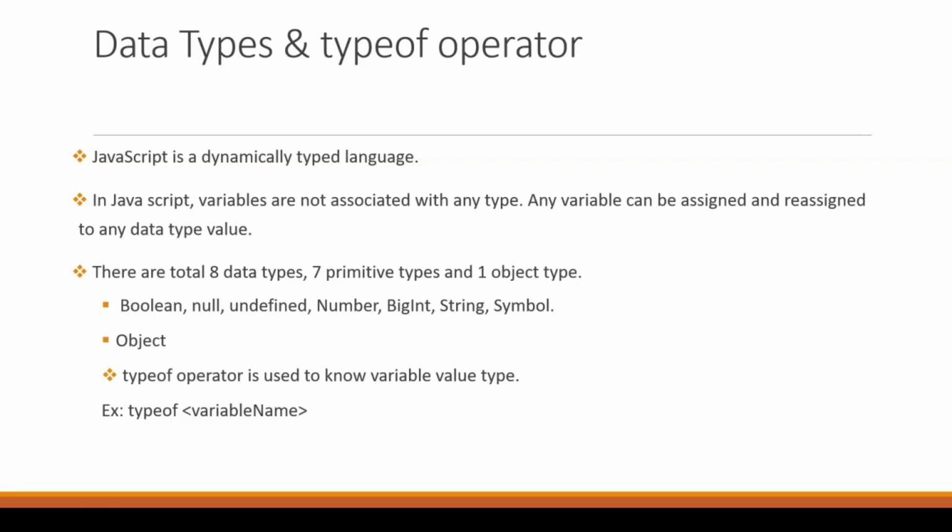We also have the typeof operator to know the data type of a variable's value. The assignment for you is to create a dummy file, declare variables for each data type, print that value and also print the typeof that value. Do some hands-on, so that you will understand each one. We also learned the difference between null and undefined in this video.